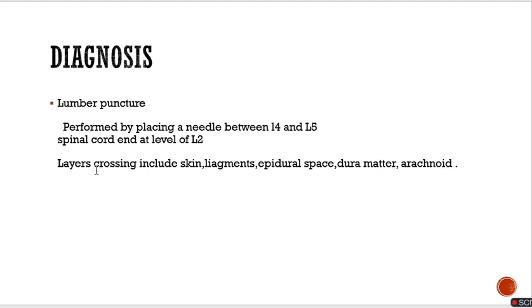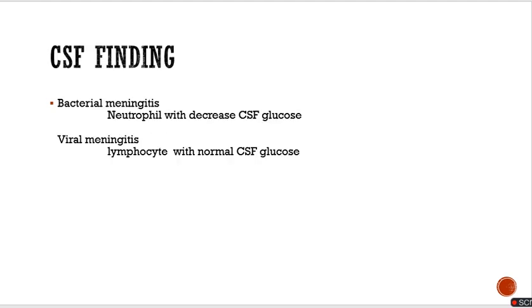When we do the lumbar puncture, what are the layers the needle crosses? That includes skin, ligament, epidural space, dura mater, and finally arachnoid. Now, what are the CSF findings? That is how you diagnose whether it is bacterial or viral.